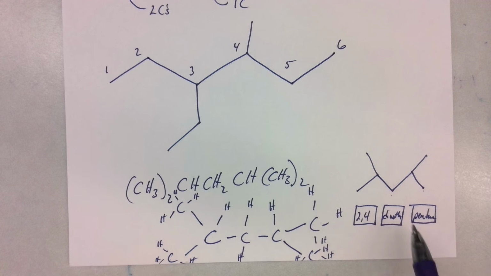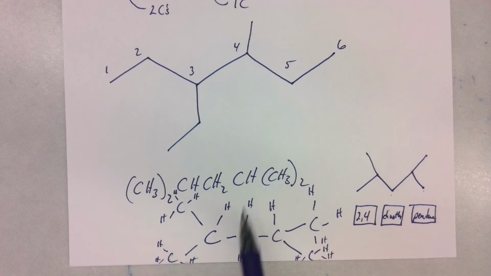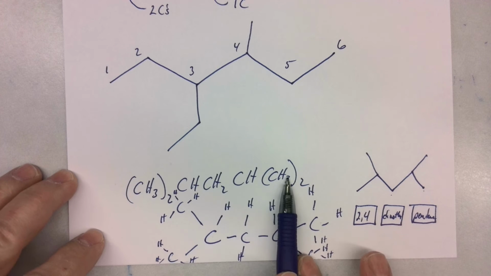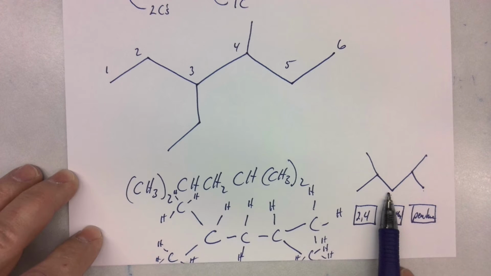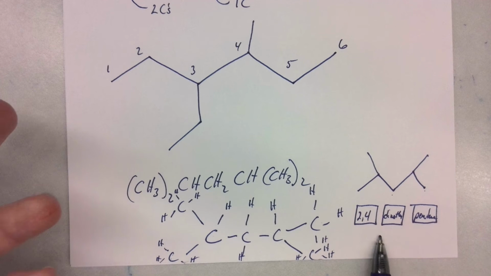But do you see how this is way easier to do than either of those are? That's why I like to take the condensed, turn it into a Lewis, and then from the Lewis, I like to turn it into a skeletal. Now, that's a lot of work to get to this.